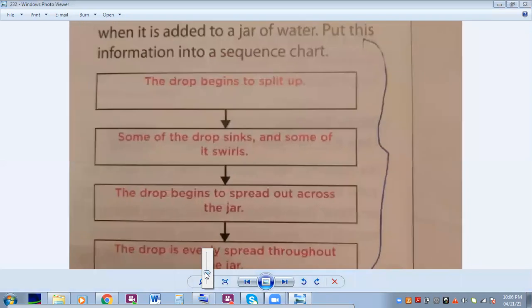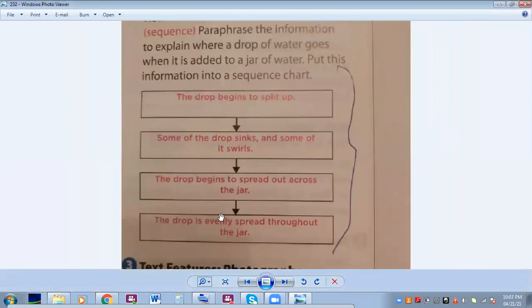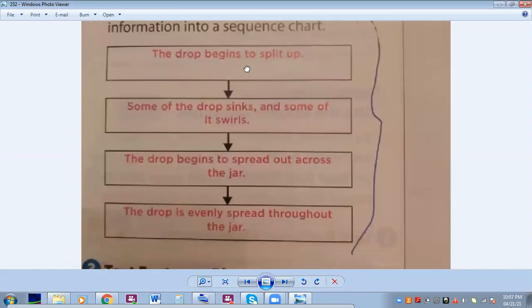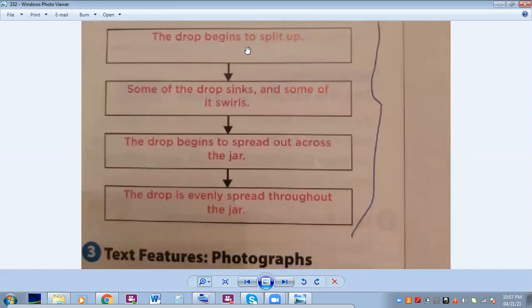You can pause and get your language arts textbook to look at it. There are 9 jars that show a drop of water being added to a jar of water and what happens. So the experiment was pictured in 9 different photos showing what happens when the water is added.